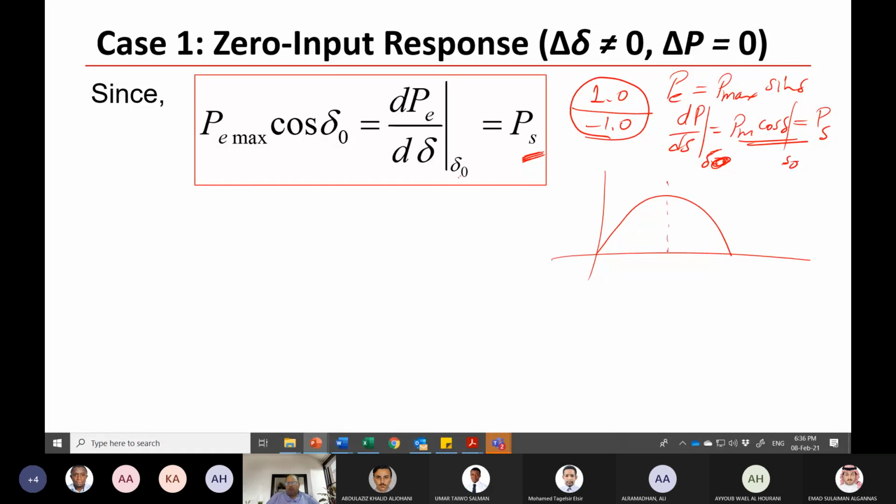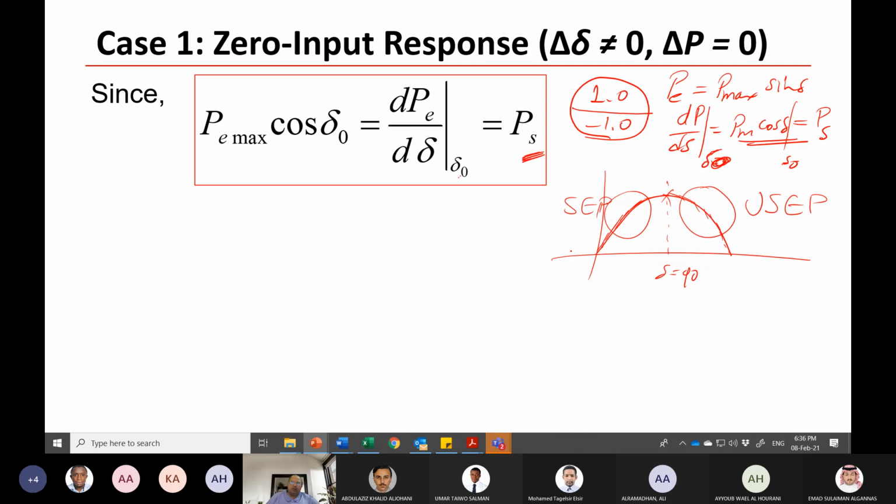Up to delta equal to 90 degrees, the slope is positive. But beyond 90 degrees, the slope becomes negative. And as you mentioned, this point is an unstable equilibrium point, and this is a stable equilibrium point.